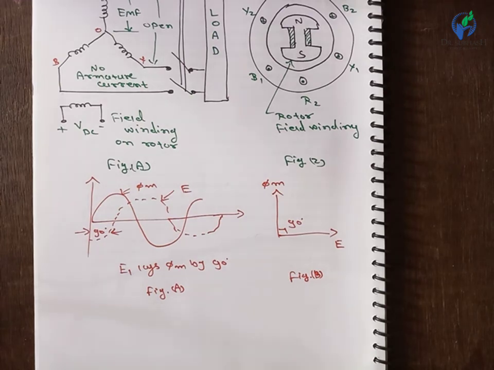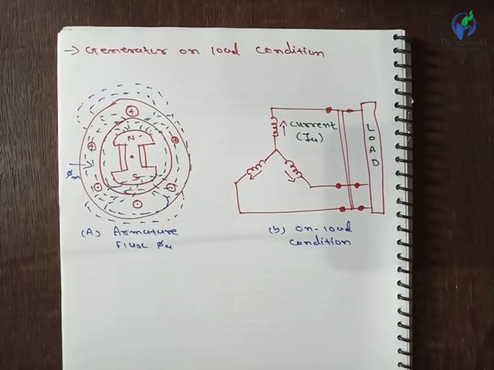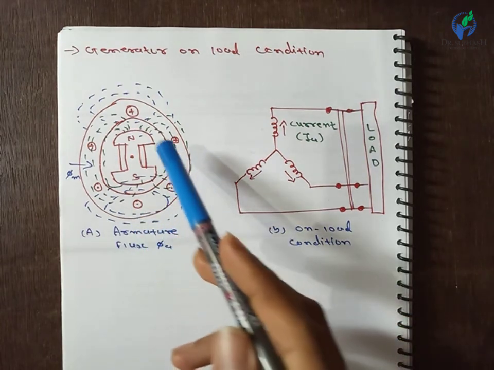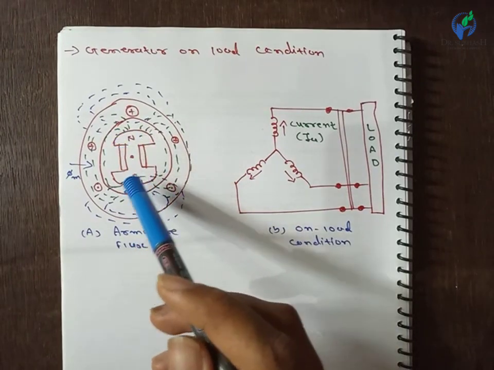Now we discuss the next point, the generator on load condition. Here we draw the armature flux phi a in this on load condition.